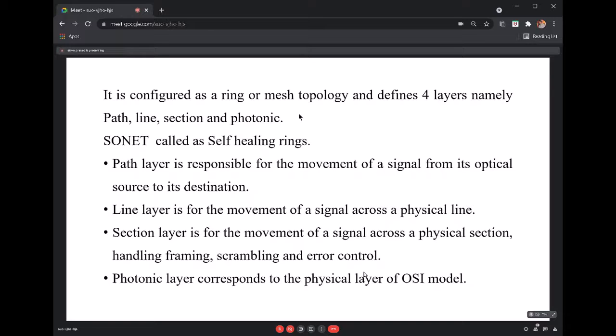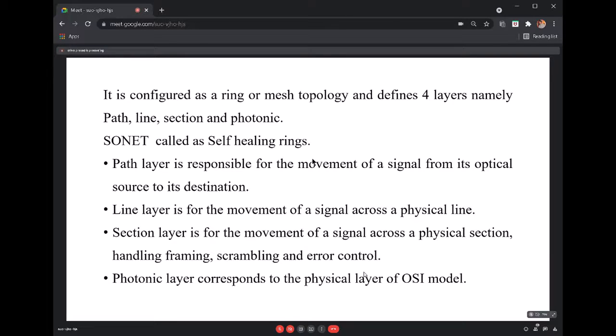That's why they are called self-healing rings. Whatever traffic is flowing can automatically be switched to an alternate or standby path without failure or any degradation of the link segment. That is the beauty of SONET or SDH.